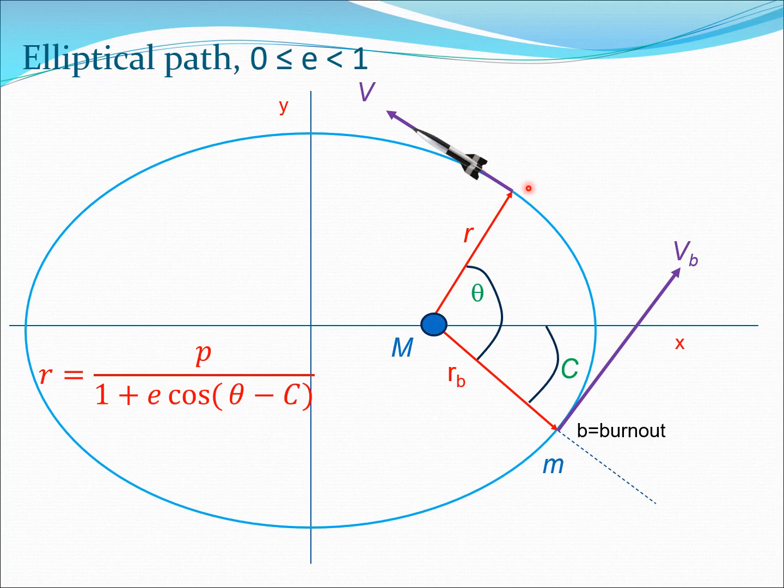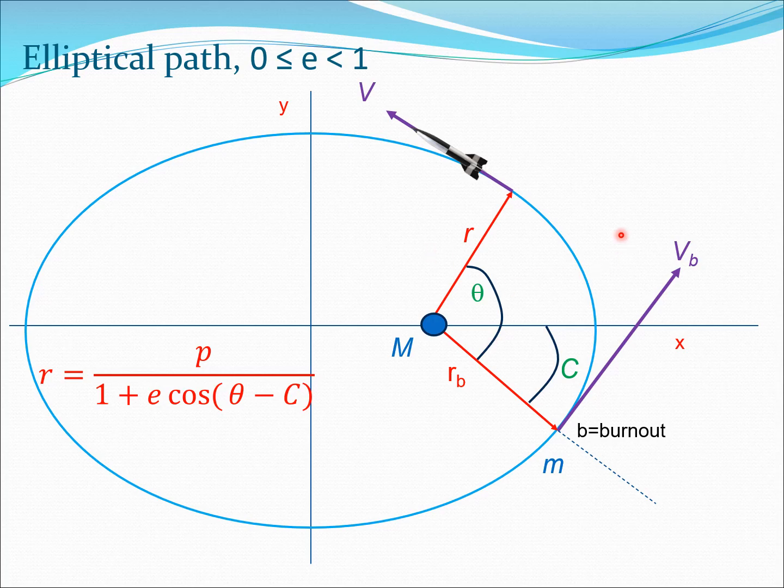Now the elliptical orbit is going to look something like this here. This is a typical orbit which many of the satellites have. And here again you have the burnout point, and you have the point here of this velocity V, and you have RB here, and you have this angle C and theta.